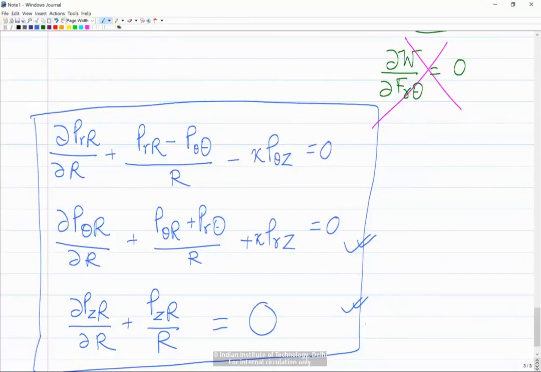How can it be trivially satisfied? Any idea? It must be that the stress components involved there are zero. In that case, it will be trivially satisfied, right? But then how can we force the stress components to be zero? Because they come from the constitutive relation, isn't it?